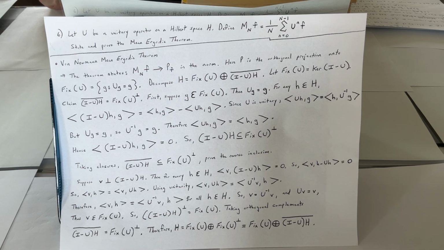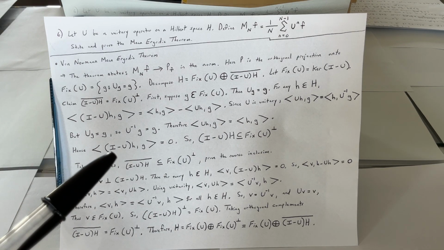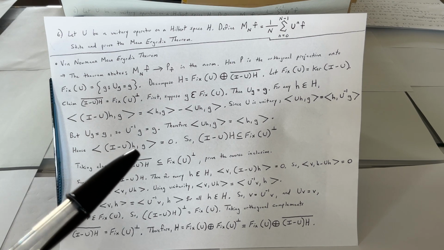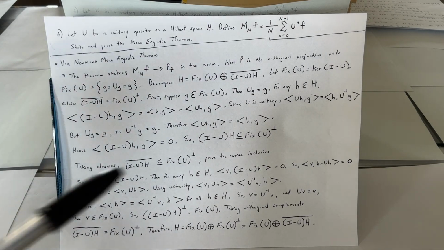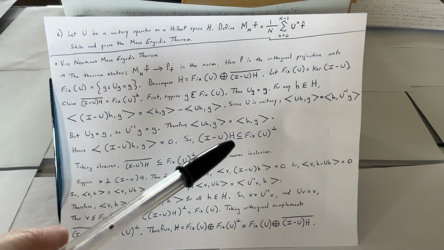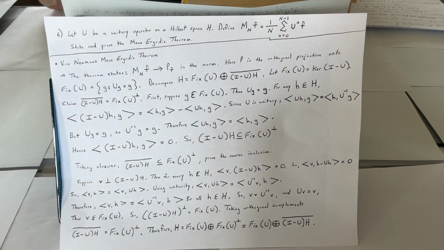Okay. Here we could say the inner product of I minus U h comma g equals 0. So that here the range of I minus U is a subset of Fix U perp.